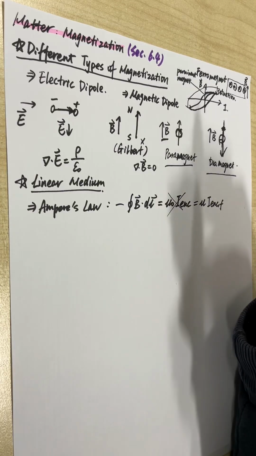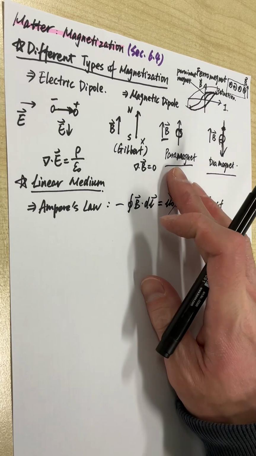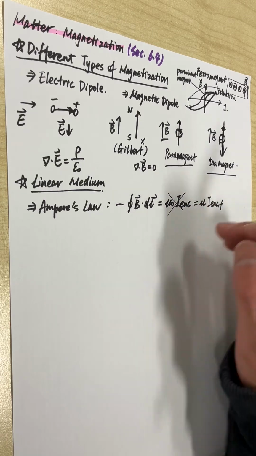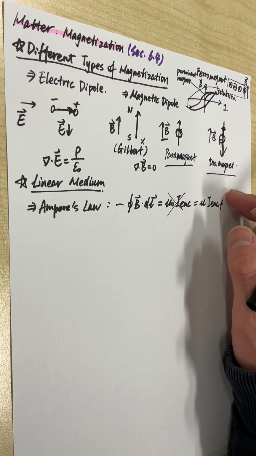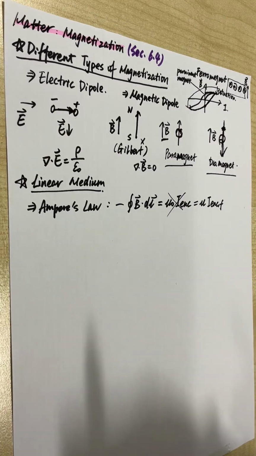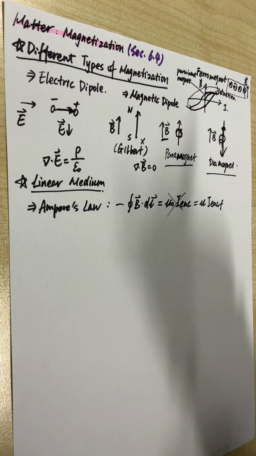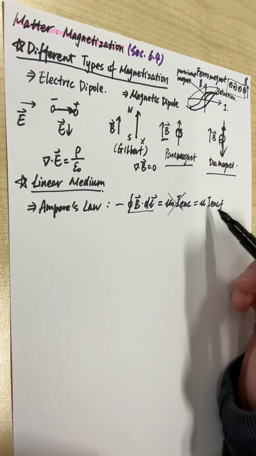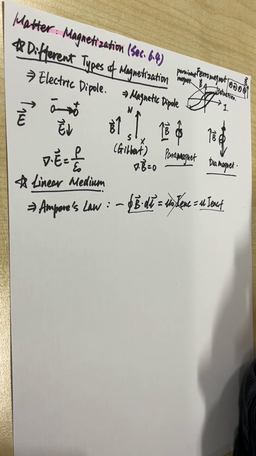So basically, if we have a paramagnet, the current density would be increased. If we have a diamagnet, the bound current would be against the initial current density, so the current density would be reduced. But here, this is equal to the free current.